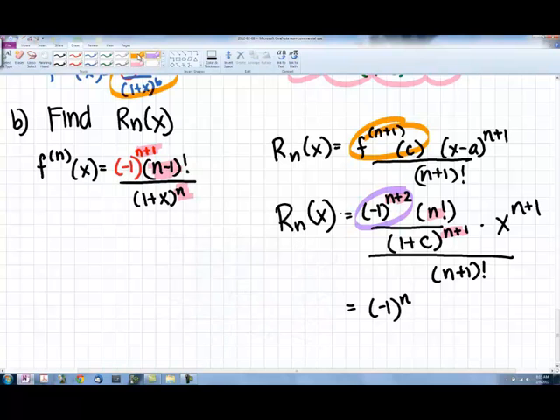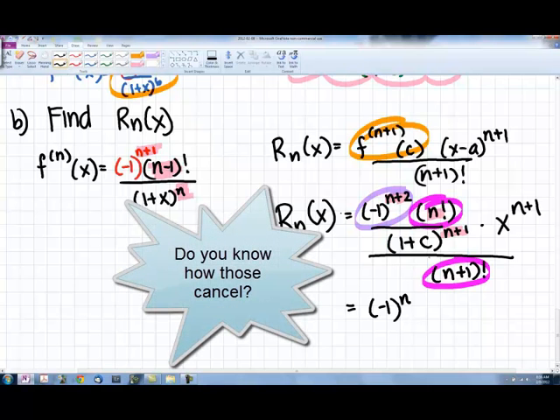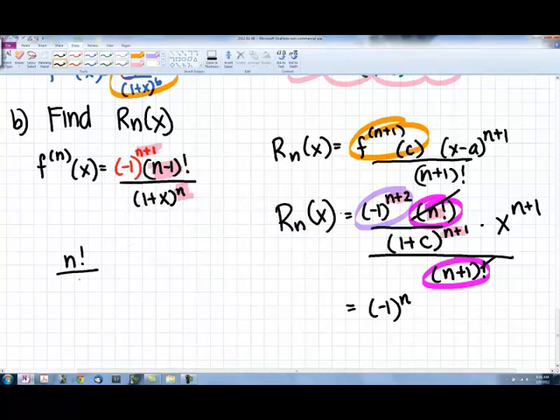I need to cancel and simplify something here. Do you see this n factorial and the n plus 1 factorial? And all you're going to have left is an n plus 1 on the bottom. Why is that? Let me write it over here on the side so you can see. N factorial means n times n minus 1 times n minus 2, and so on.